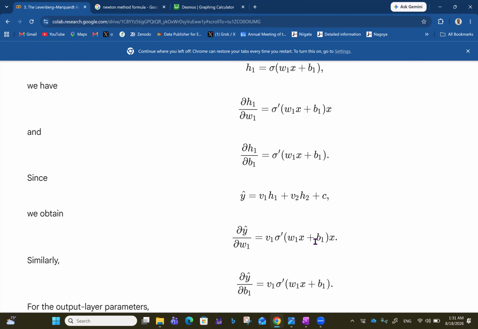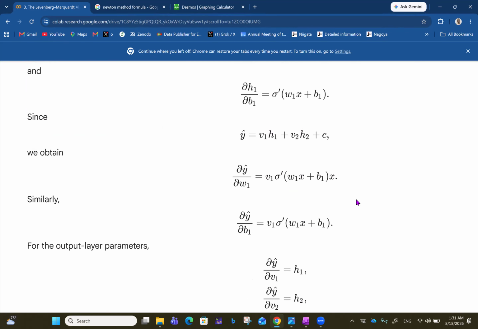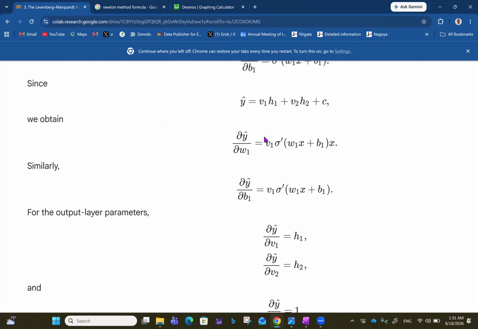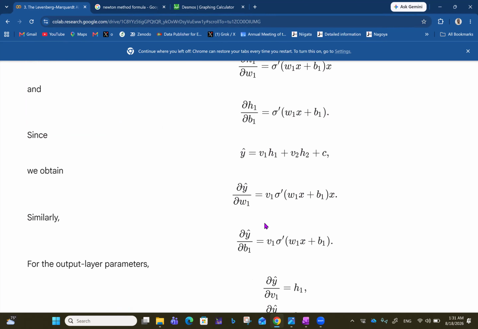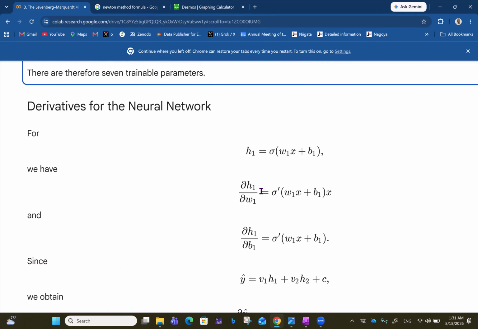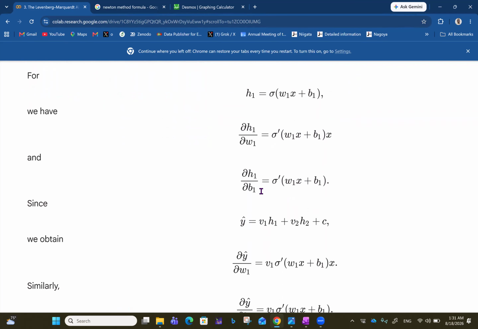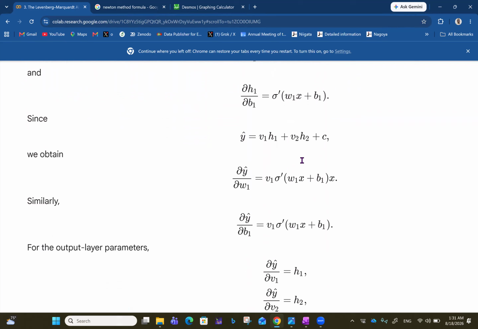Then since y cap is v1h1 plus v2h2 plus c, we obtain partial y cap over partial w1. We already know that h is a function of sigma in the first place, so we could write this out.